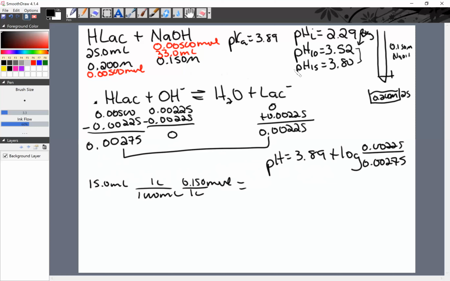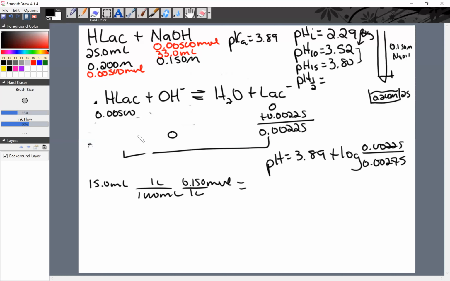All right. There is something called the halfway point, or the half equivalence point. That's where I put half enough in. Well, that begs the question, what is half of 0.005 moles?